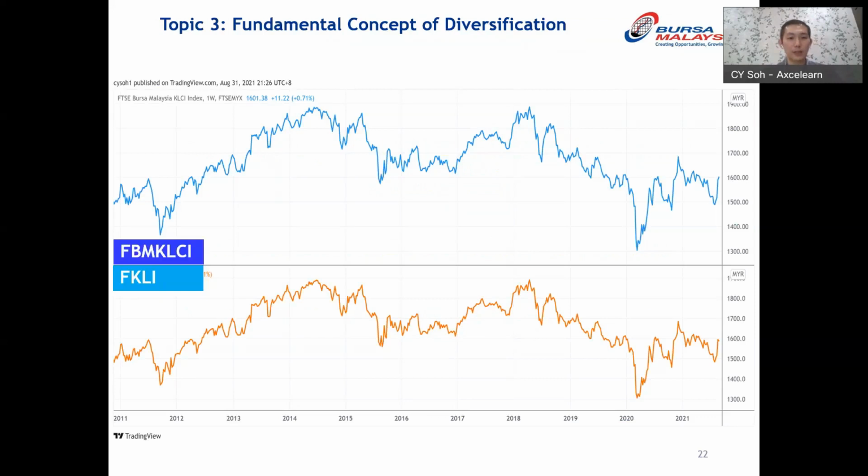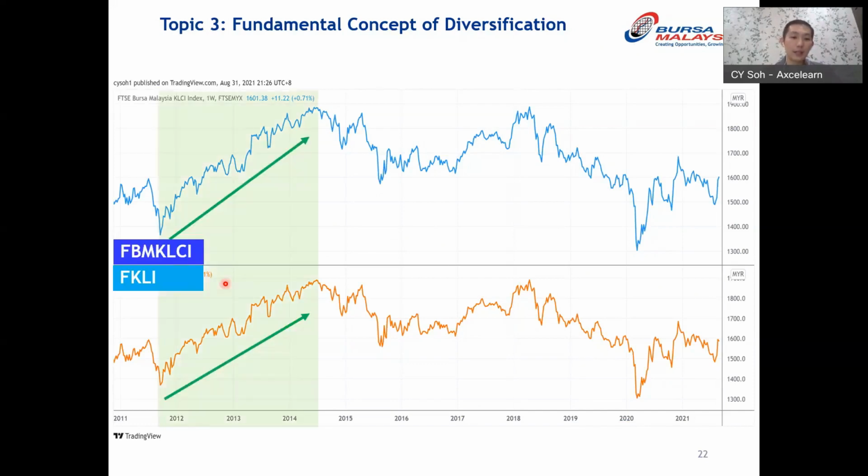Let's go with high correlation first. On this chart, at the top is the FBMKLCI, which we represent as the stock market, and another futures product that you trade is FKLI. Let's see their movement, whether it is highly correlated or low correlated.